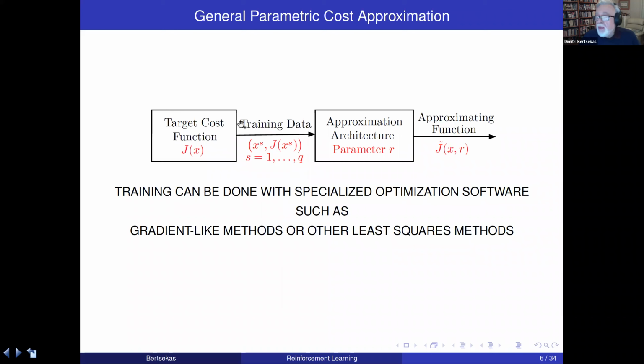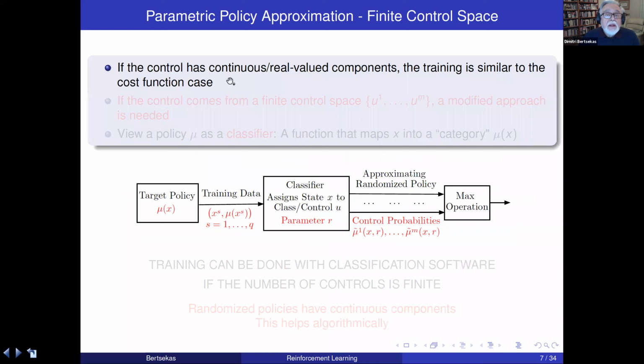Okay, so let's go into the other type of parametric approximation, policy approximation. Now, this is a little different because costs are scalars, right? Whereas policies involve controls from a control space. Now, if the control has continuous real valued components, like, for example, the vector of three-dimensional position and velocity of an airplane, okay?